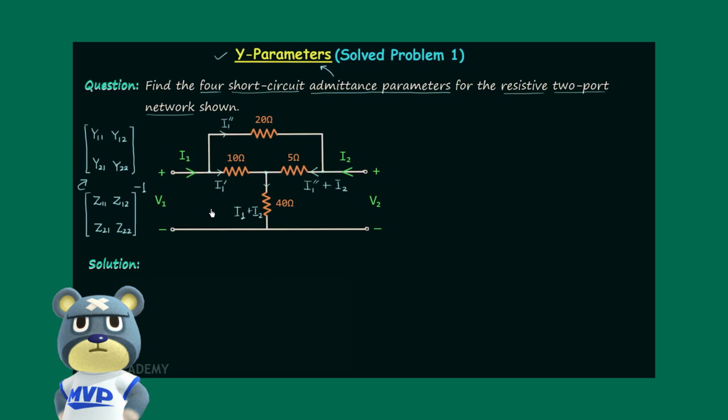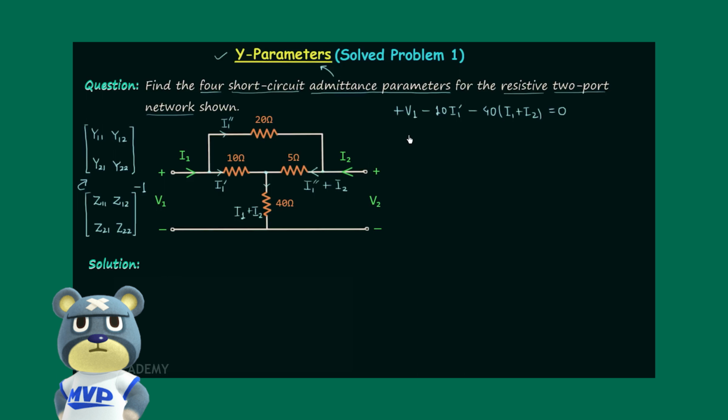Now let's move on to step number 2, in which we will obtain the input KVL equation and the output KVL equation. The input KVL equation will be plus V1 minus 10 multiplied by I1 prime minus 40 multiplied by I1 plus I2 equal to 0.